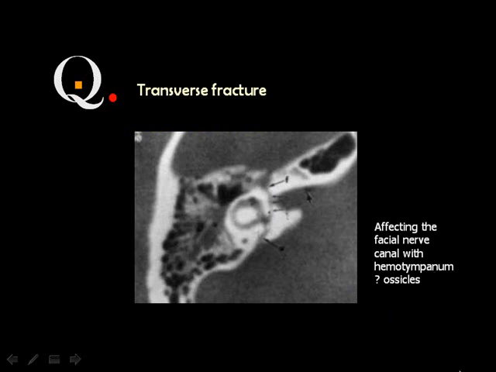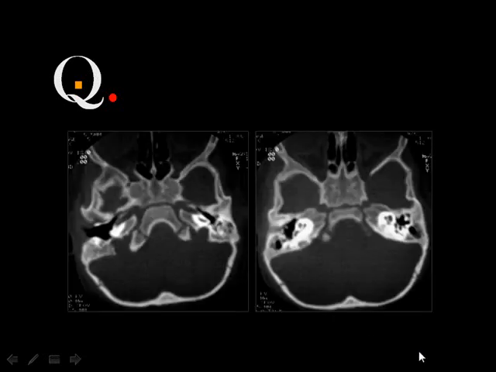What about the ossicles? Hemotympanum because of the fluid present in the middle ear cavity. What about the ossicles? They are not seen. They may be dislocated or may be seen in another section. What does this arrow point to? Air inside the internal auditory canal. Very good. What do you think about this case?